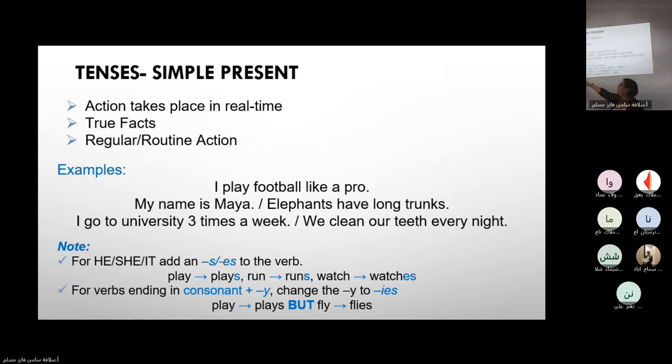Okay? For verbs ending in consonant, شو يعني consonant؟ حرف ساكن عكس حرف العلة. شو حكينا عن حرف العلة؟ A, E, I, O, U. هدول الحروف الساكنة هي كل الأحرف التالية. Okay?